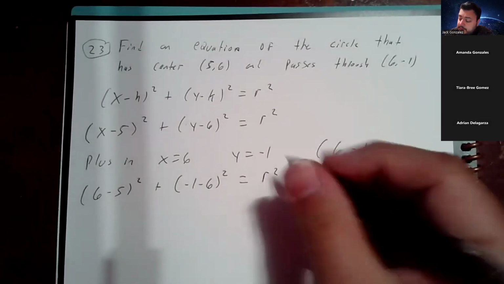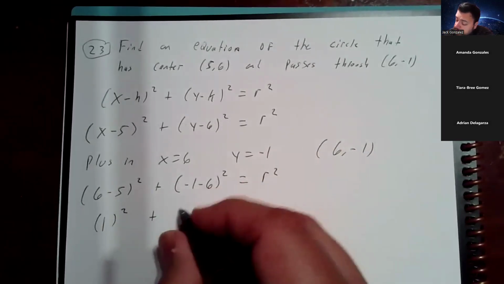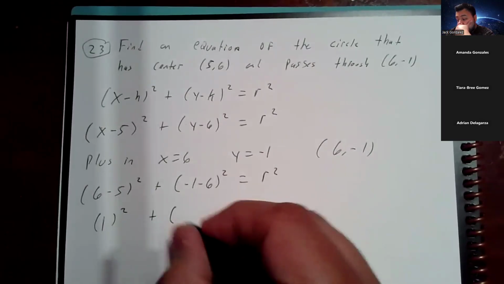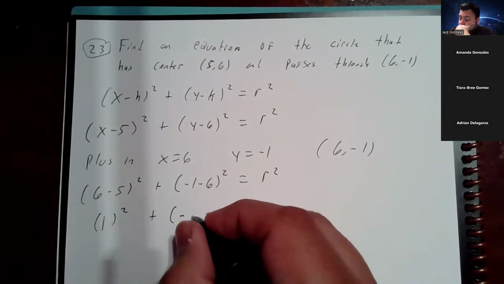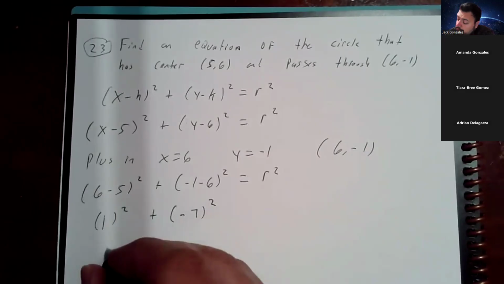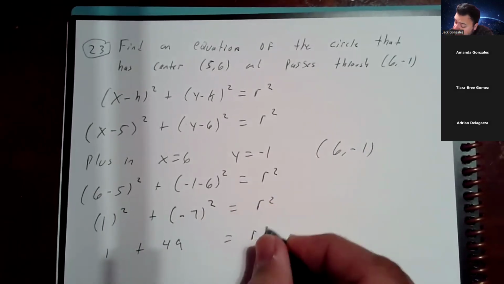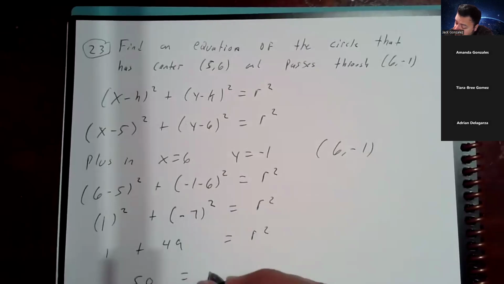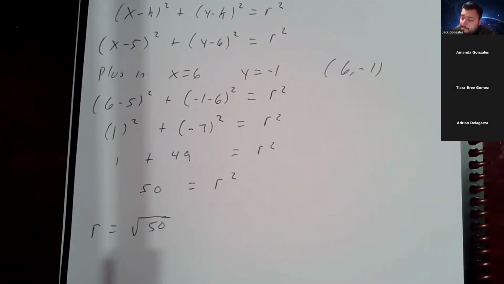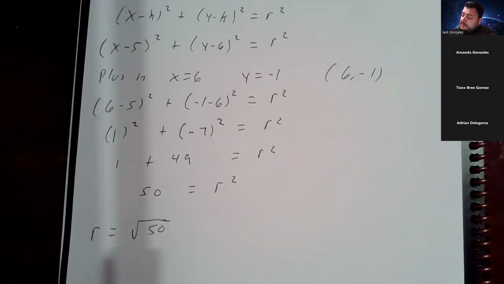To add all that up, we're going to get 1 squared plus negative 7 squared, which is 1 plus 49, so 50. r is equal to the square root of 50. Technically plus or minus, but we're talking about radius, so plug it in and we're good.